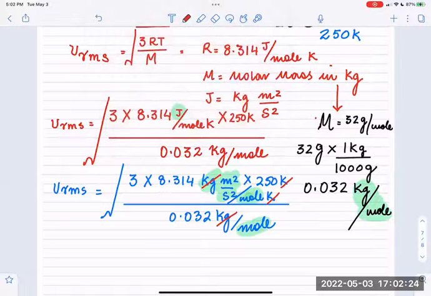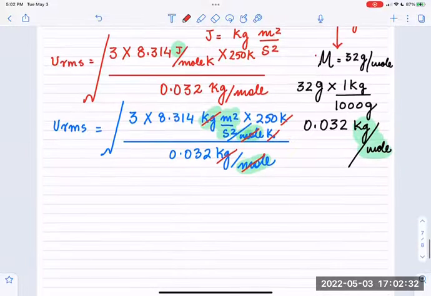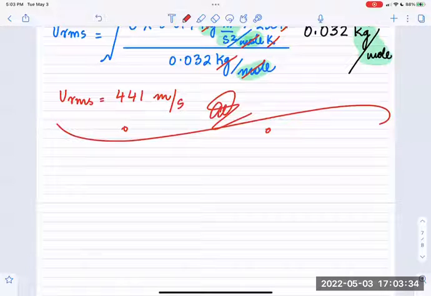And we are just left with the units of meters squared and seconds squared. So when you remove the square root, it automatically becomes meters per second. The rest is you just multiply the whole thing, divide it, take the square root, and the chapter on gases is done. Okay.